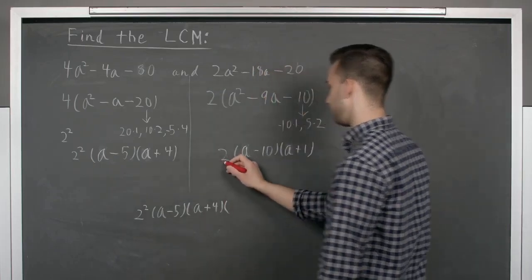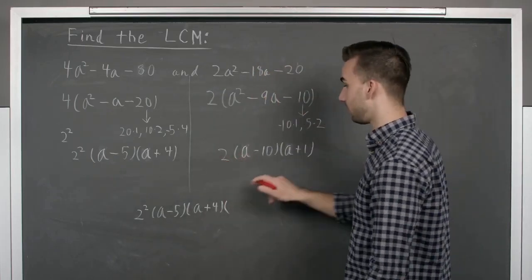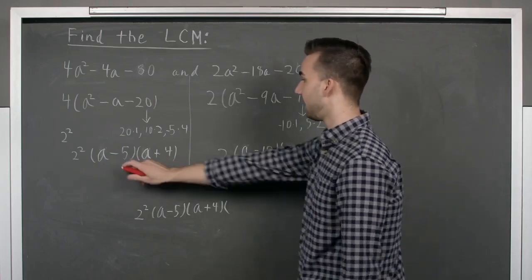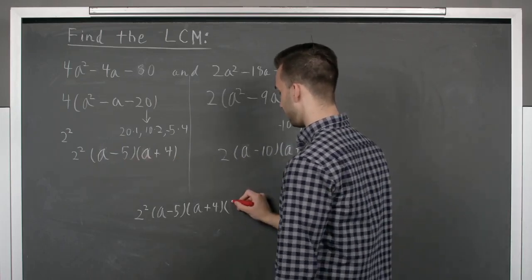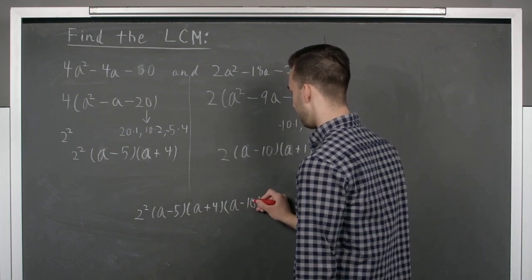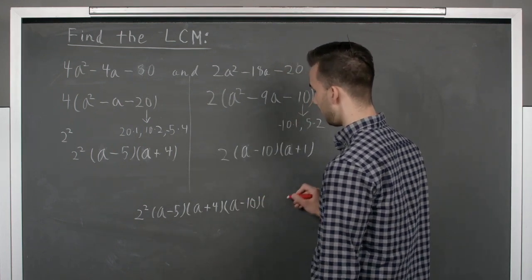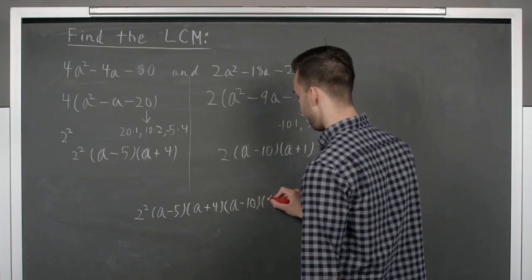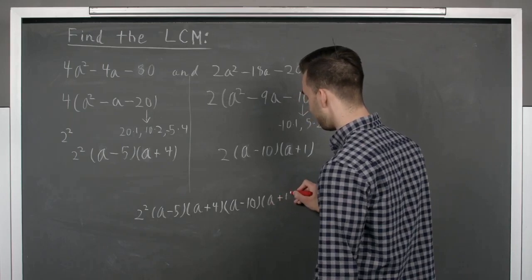Then we have over here, we already did the 2. Now we have a minus 10 is a unique factor. Any higher exponents? No. So a minus 10. And then we have another unique factor, a plus 1. Any higher exponents? No. So a plus 1.